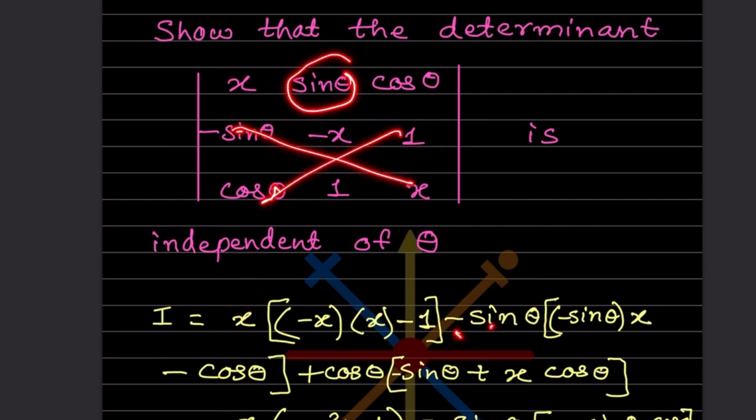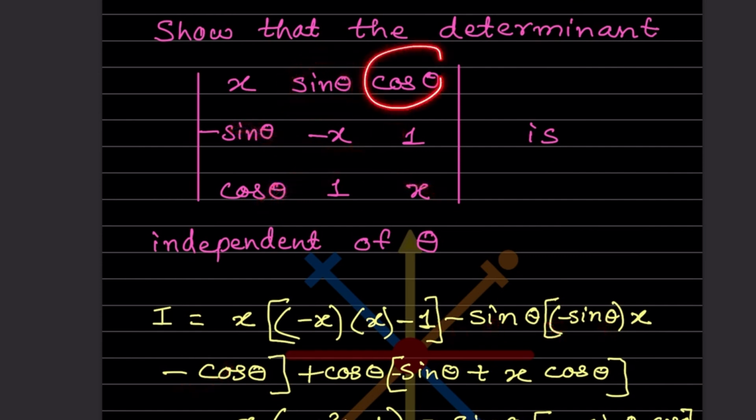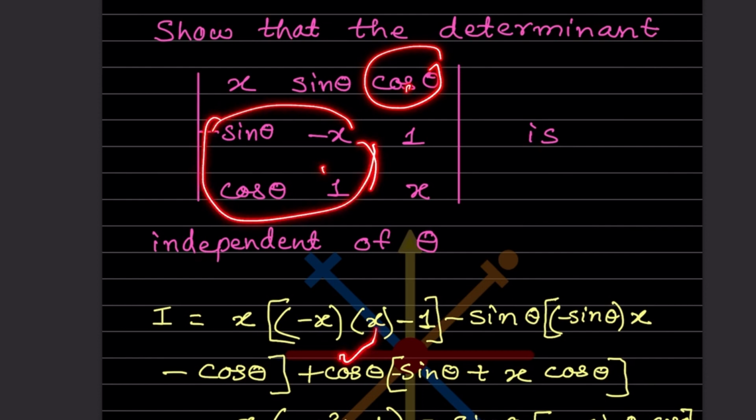So minus sine theta, and inside the bracket, that will be minus sine theta into x, and here minus cos theta. Then you will take this one and this together. So cos theta will be here, that is plus. Then minus cos theta, and this minus minus becomes plus x cos theta.